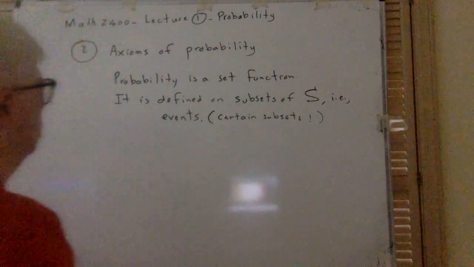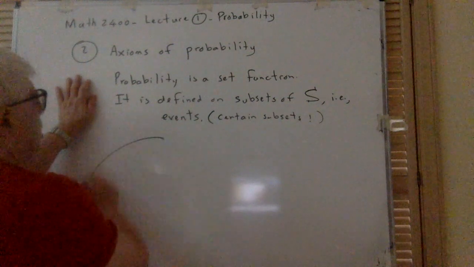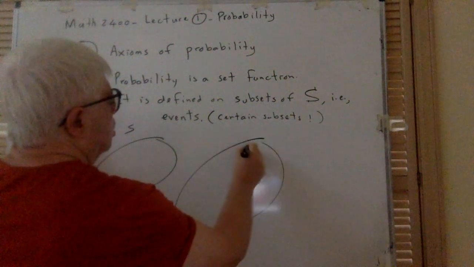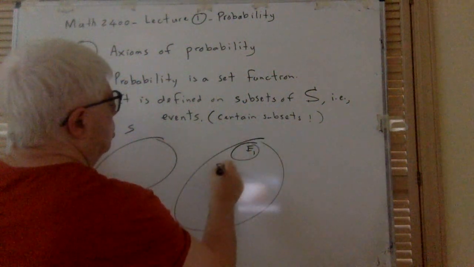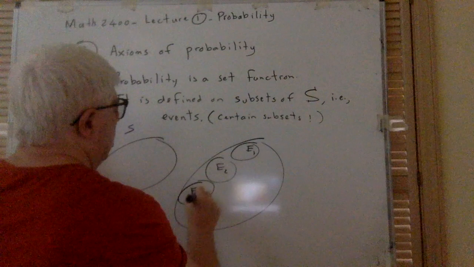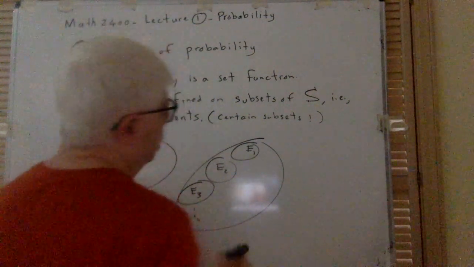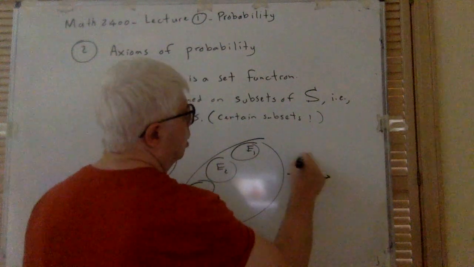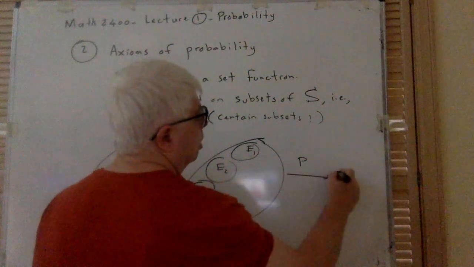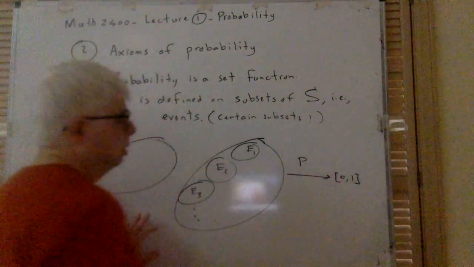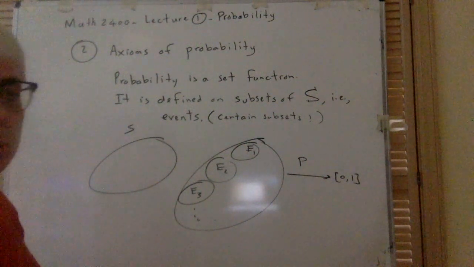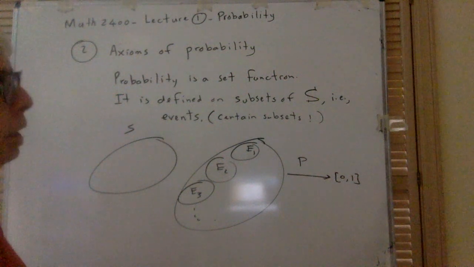Okay, so a set function is this. We have S here, and then we put the subsets of S here. These are subsets of S: E1, E2, E3. The probability is in fact a function defined on subsets, and it takes these subsets that I have called events into the interval 0, 1.